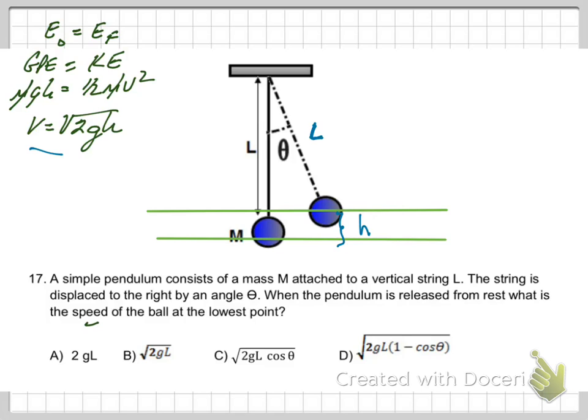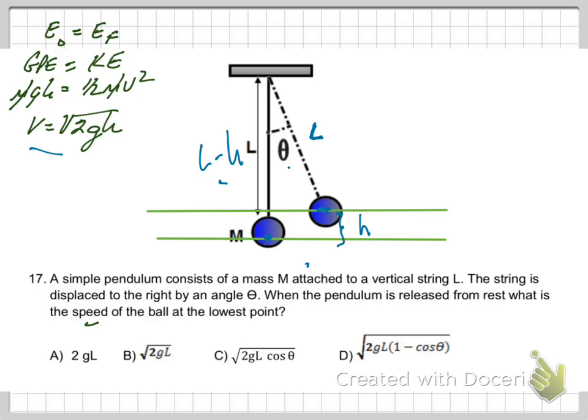But the height, when it comes up here, is going to be the length minus the height at this position, because as it goes up to a height of h, the vertical distance no longer has its full length as it did down at this point. It's minus the height when it gets to this point, so that would be L minus h. So now we have a relationship.